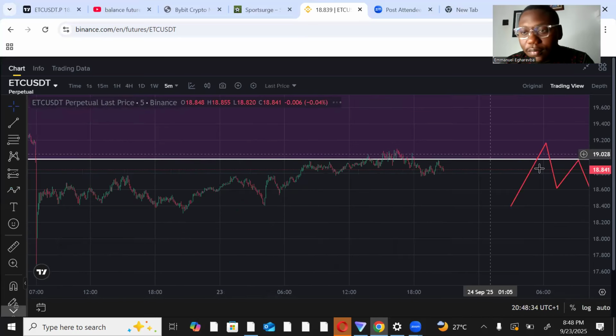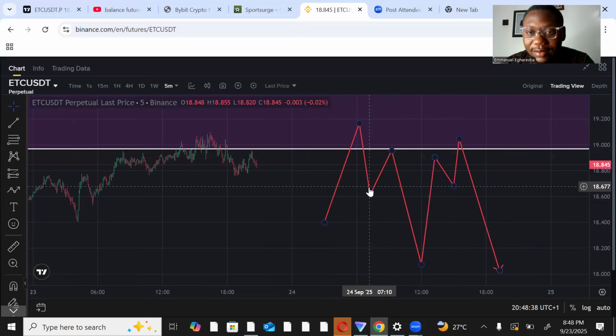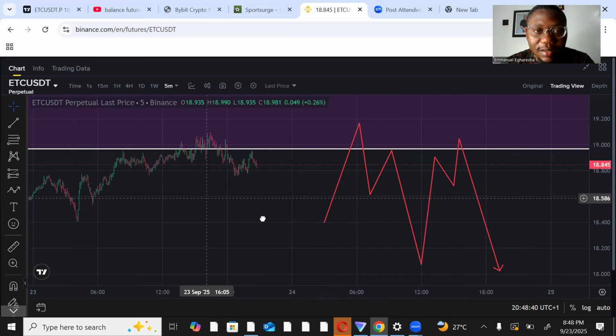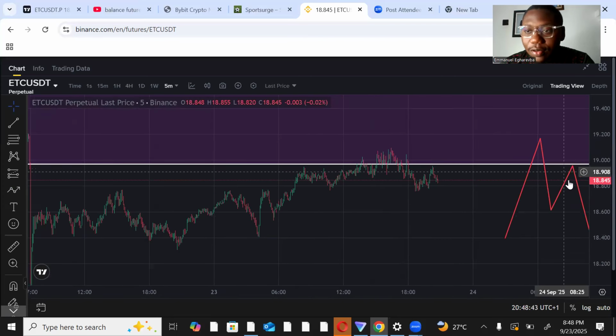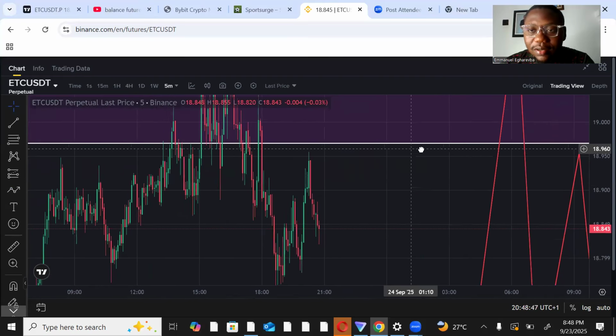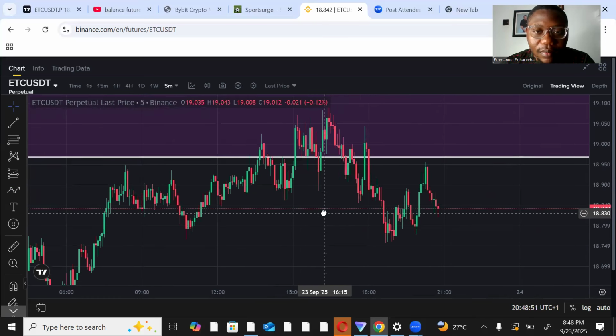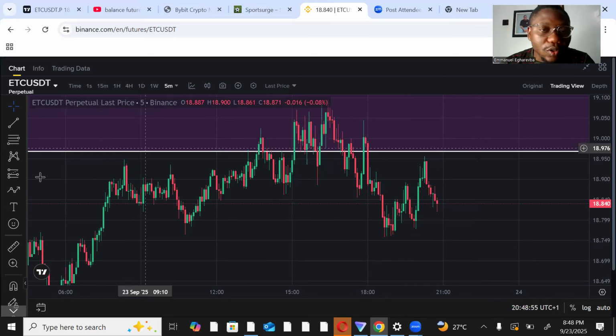Okay, what are we seeing? Are we seeing this pattern? Are we seeing it here? It has not occurred yet, so I'm not going to be selling this trade. Let's look at it very well. Oh, great. I think it has happened already.